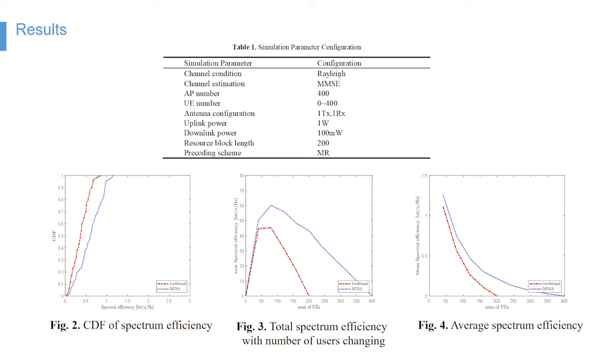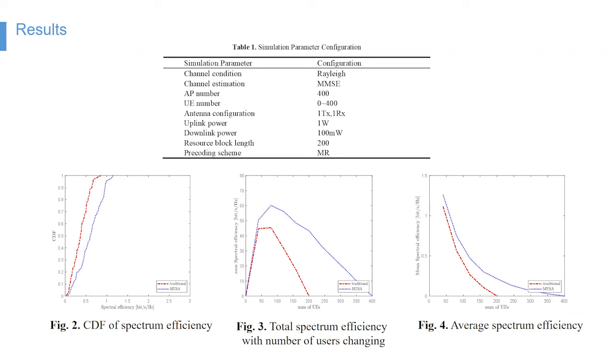Count the spectrum efficiency of all users. It can be seen from Figure 3 that as the number of users accessed increases, the total spectrum efficiency of the Cell-Free Massive MIMO system tends to increase first and then decrease to 0.